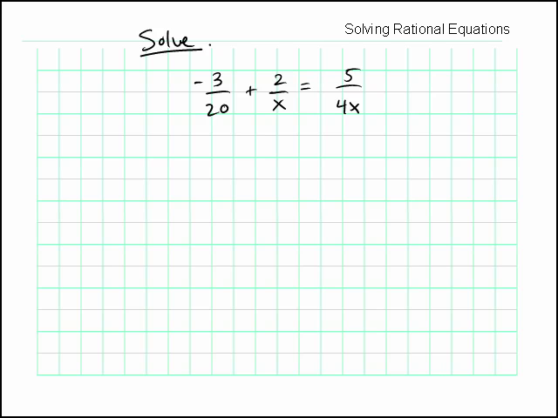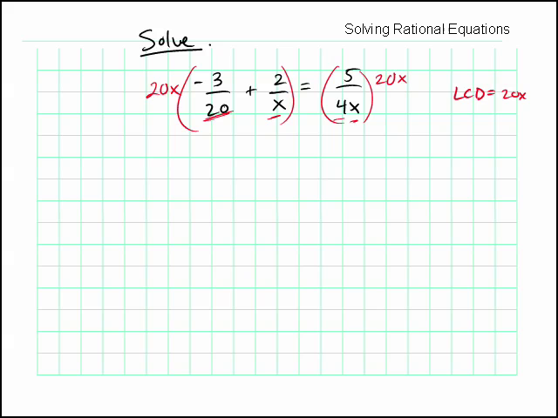For this equation, the common denominator for 20 and 4 would be 20, and I have an x here and an x there, so I'll just need an x to the first. We talked about finding LCDs in a previous section, so you should be familiar with that. I'm going to multiply both sides by 20x.